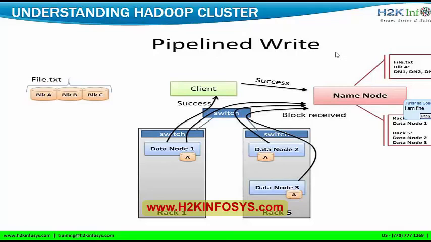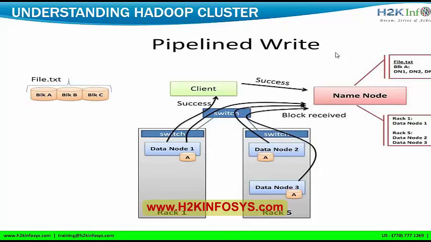So this is how the acknowledgement happens, okay? In a pipeline, if you see here, the first operation will be data node 3 comes and says, okay, I am fine, I had written block A into my node and it's okay with me.